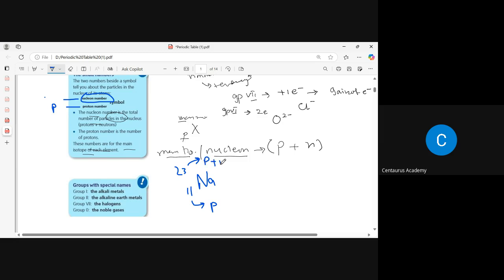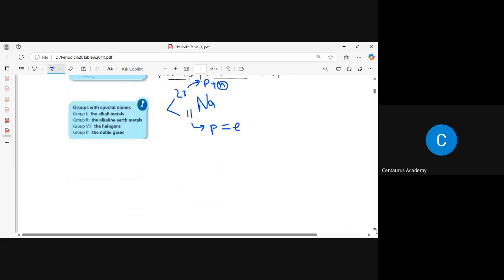So if you want to know how many neutrons are present within the nucleus of a sodium atom, you have to subtract both of these numbers. And in a particular atom, protons and electrons are equal in number, which is why an atom is neutral. It does not carry a charge.